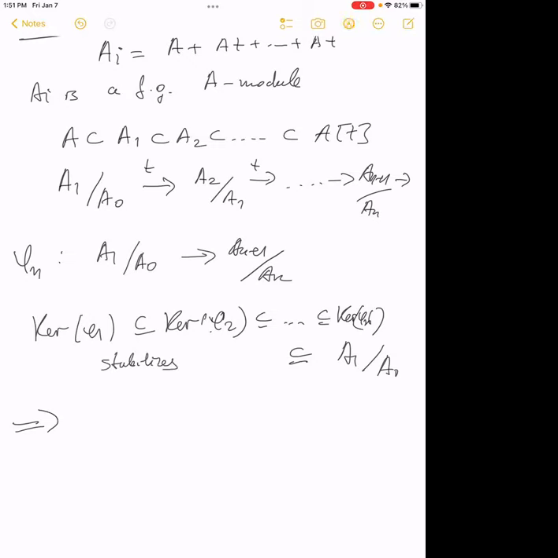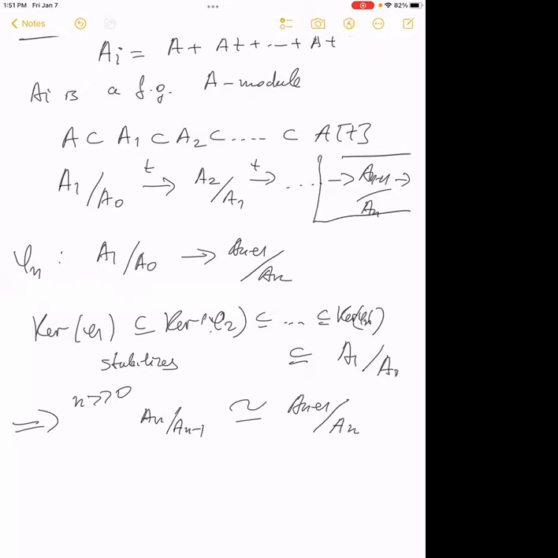What I get is that for n large enough, A_n divided by A_{n-1} is isomorphic to A_{n+1} divided by A_n. So eventually, all these terms that appear in this infinite chain become isomorphic to each other.